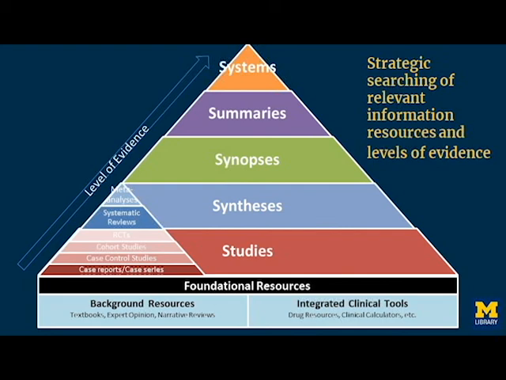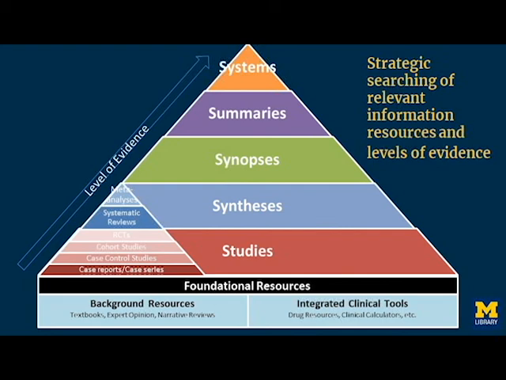For instance, Cochrane database is a database of systematic reviews, but specifically on treatment. So you will see randomized control trials there. So it depends on what your needs are.